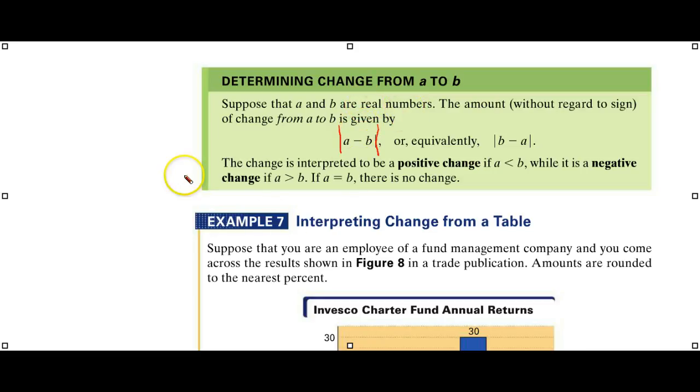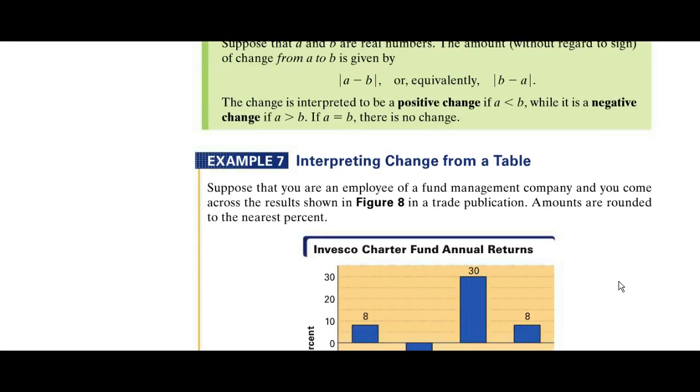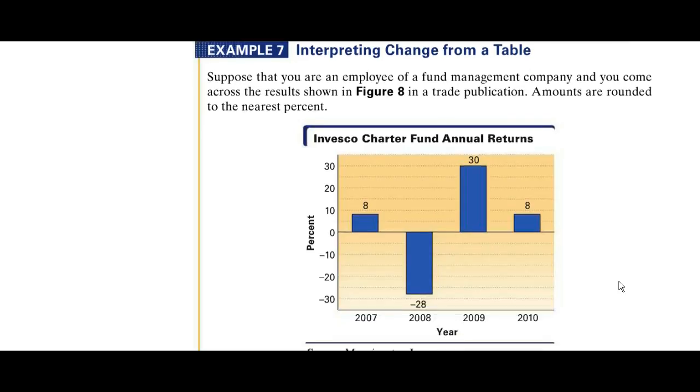So let's look at example 7 here. And suppose you are an employee of a fund management company, and you come across the results shown in figure 8, which is down below here, which is this one, in a trade publication.